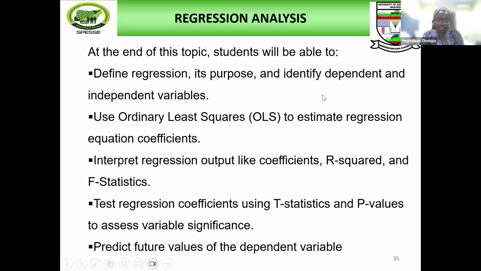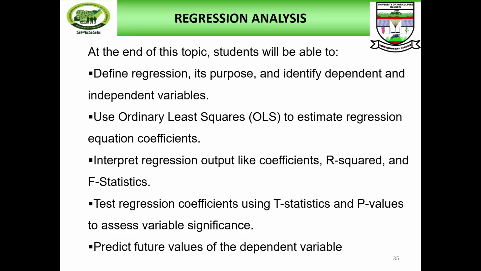At the end of this discussion, students should be able to define regression, its purpose, and identify dependent and independent variables. That's one key thing that makes regression different from correlation. Remember one characteristic of correlation coefficients is symmetry: the correlation between X and Y gives the same result as between Y and X. But for regression, it's not like that.